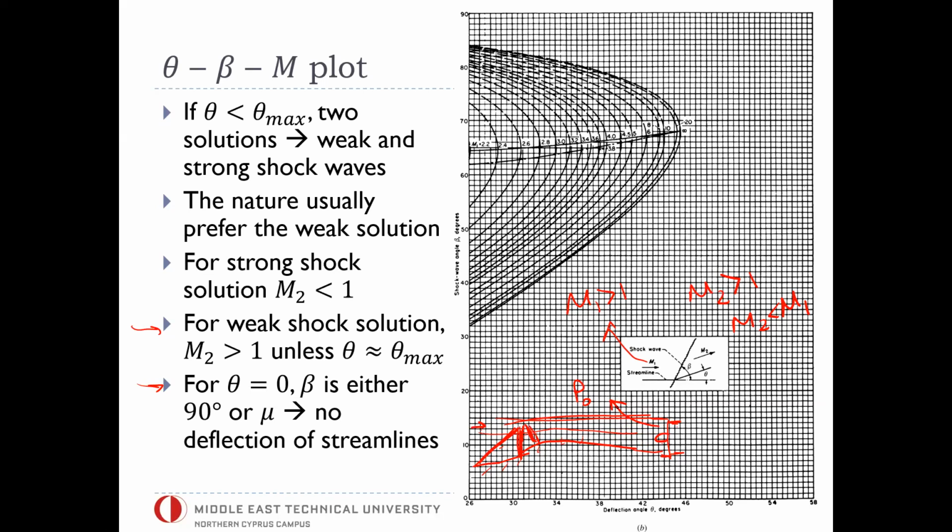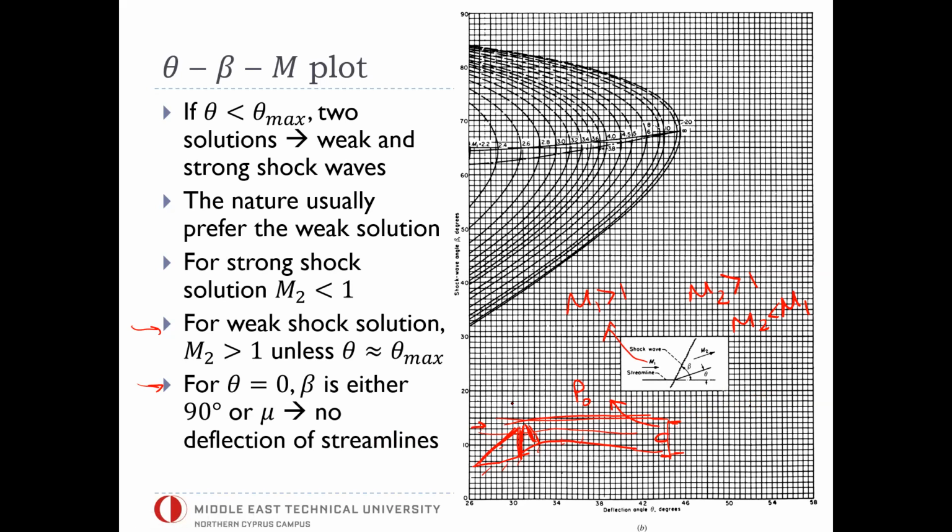When there is no deflection, when theta is equal to 0, first of all, there is no deflection to the streamlines. Streamlines don't have to adjust themselves into anything. There is no deflection. So beta, the shock wave angle, is either equal to 90 degrees, so there's probably some kind of normal shock wave depending on the Mach number, or there is no shock wave.